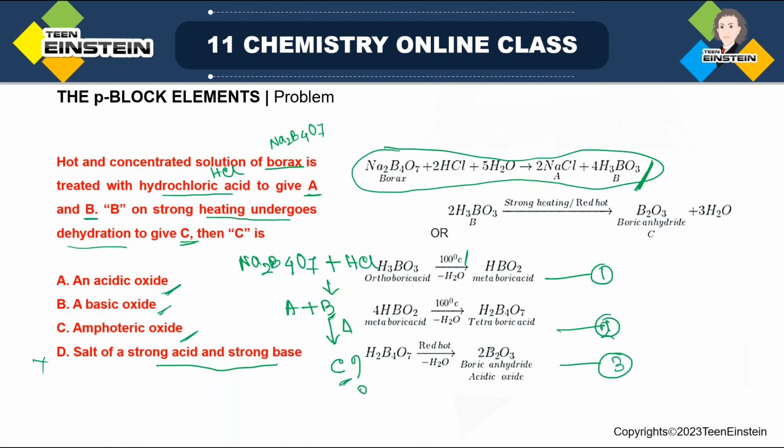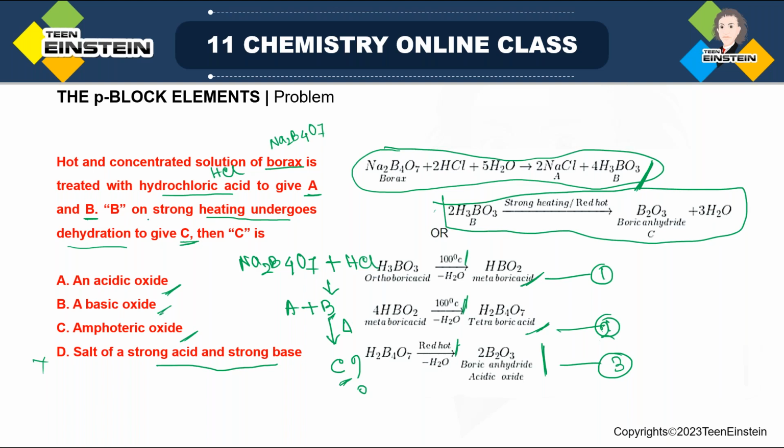First it is 100 degrees centigrade, that is 373, then 160, which is around 413 Kelvin, then red hot. So gradually we are increasing the temperature. First there is metaboric acid, then tetraboric acid, finally there is boric anhydride, which is mentioned in a single equation like this, the direct strong heating.